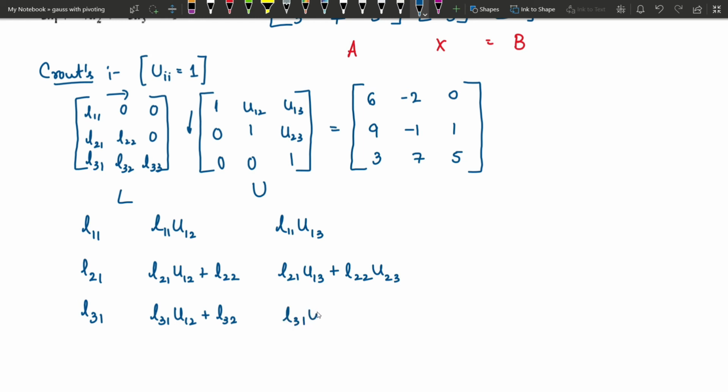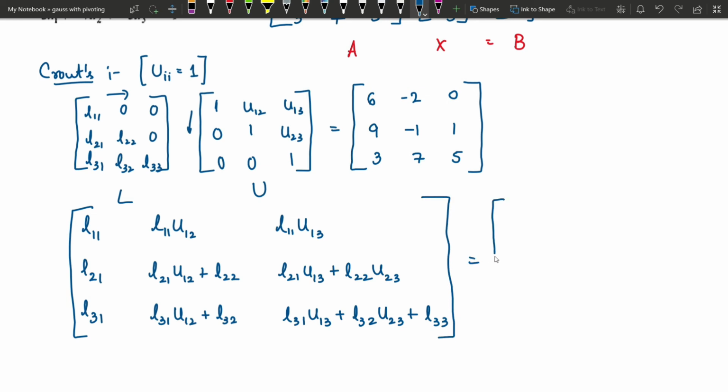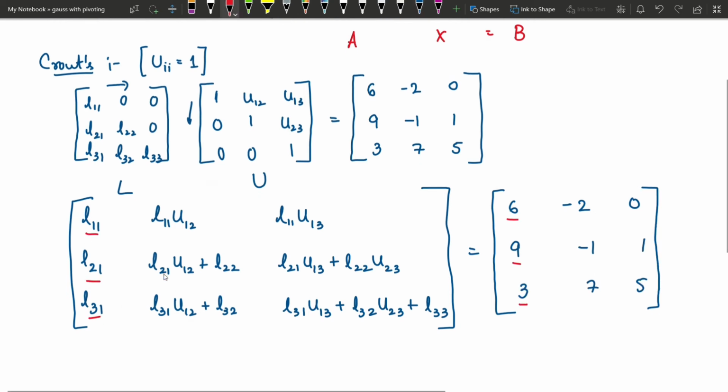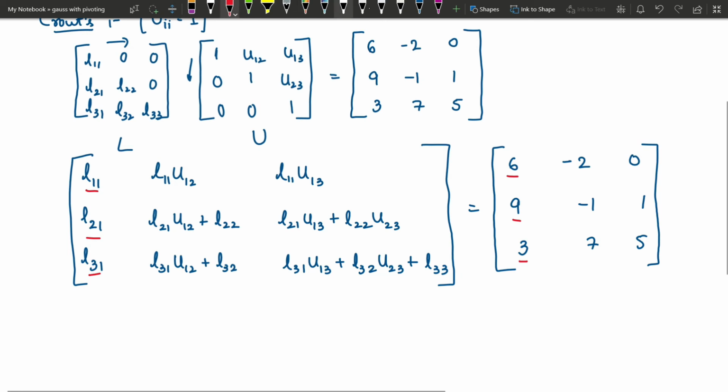And here we will get L21 into U13 plus L22 into U23. And the last one will be L31 into U13 plus L32 into U23 plus L33 into 1. So this is the product matrix. Please write this carefully. Any small mistake in this matrix is going to mess up your entire solution. So these are the values.